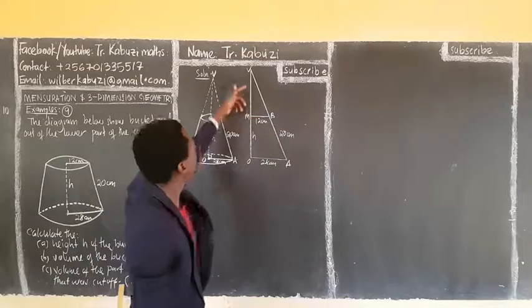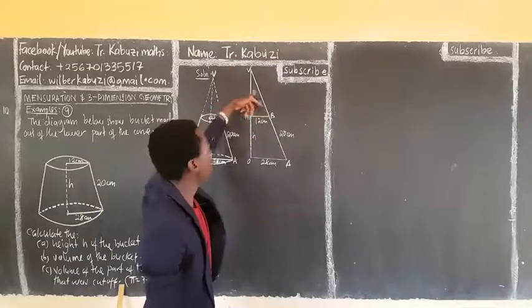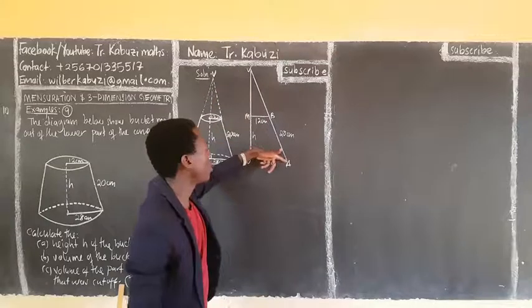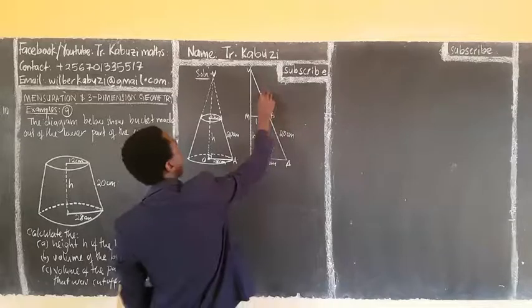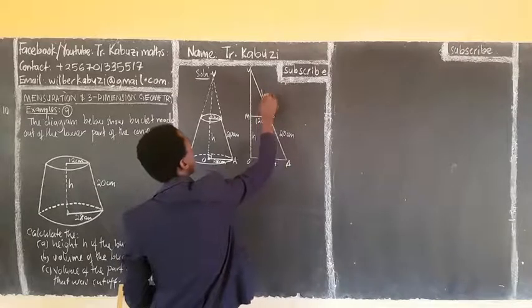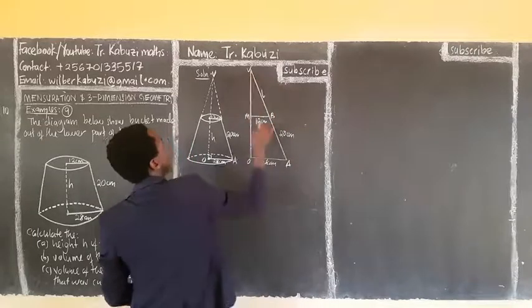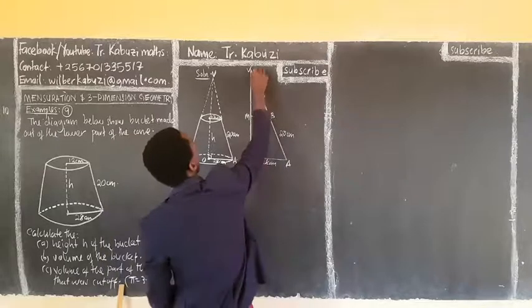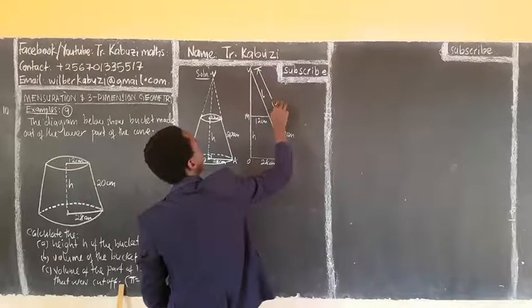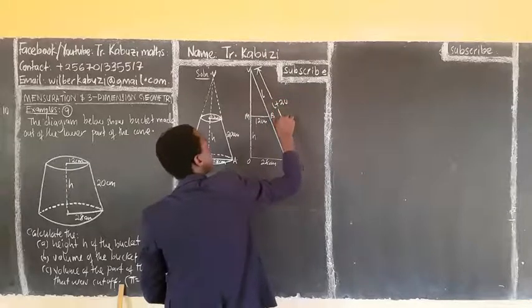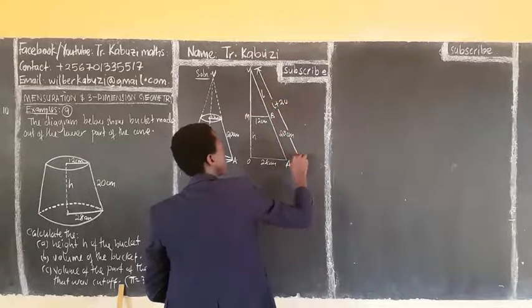So now, this triangle BMB is similar to triangle B O A. If I use similarity, let me call this length L, so that the whole of this here is going to be L plus 20 up the side down.